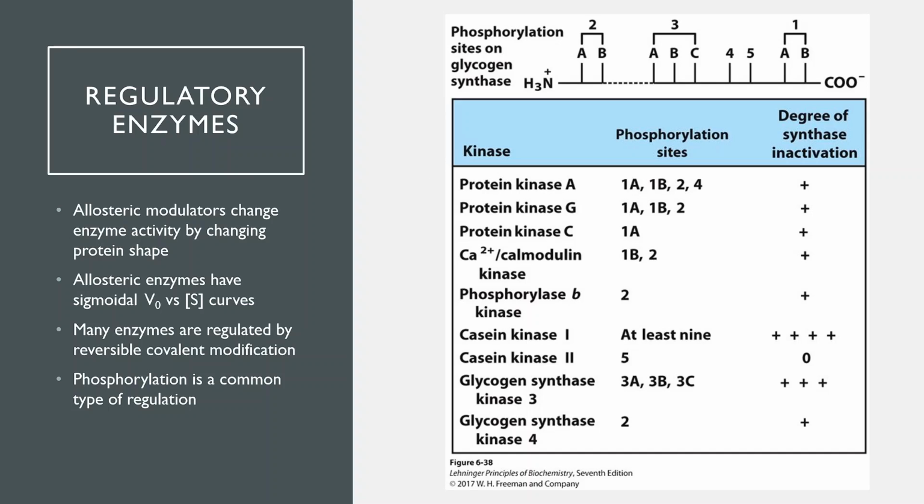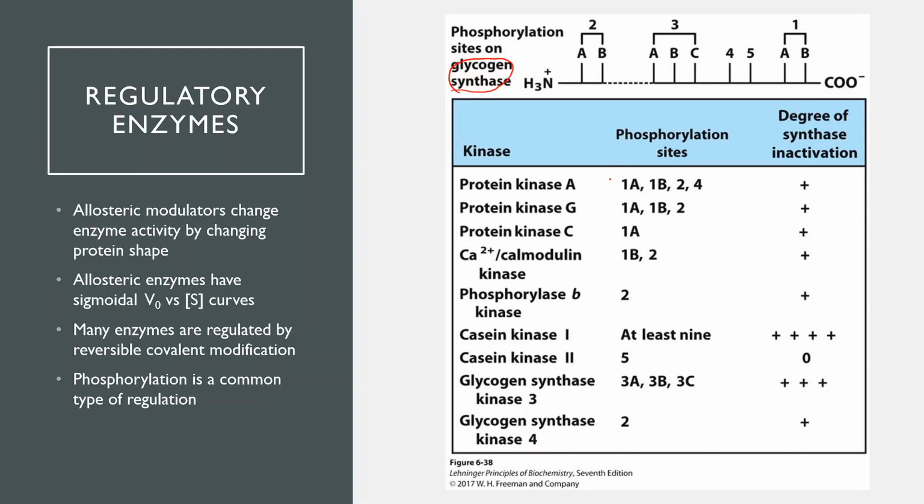Again, here what you're seeing is the phosphorylation sites on one particular enzyme. So this is the enzyme glycogen synthase, and it has at least 1, 2, 3, 4, 5, 6, 7, 8, 9 different sites that have the ability to be phosphorylated, and some of them can be phosphorylated by the same enzyme.